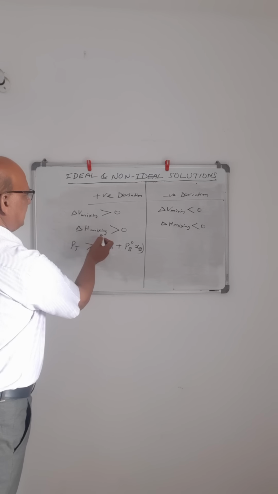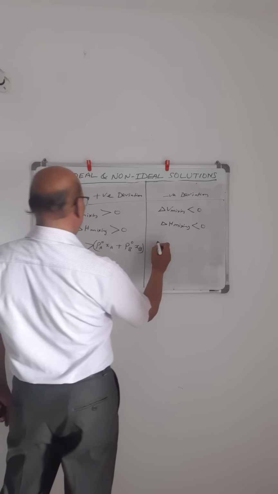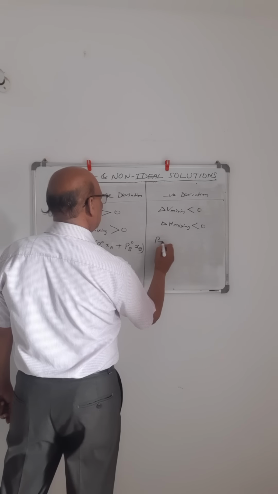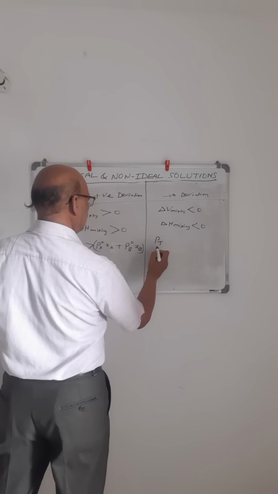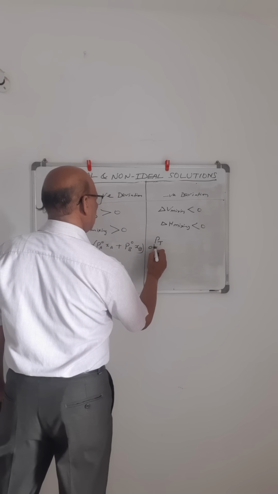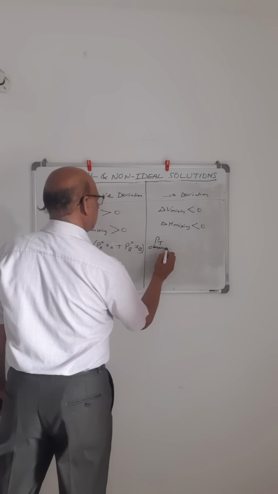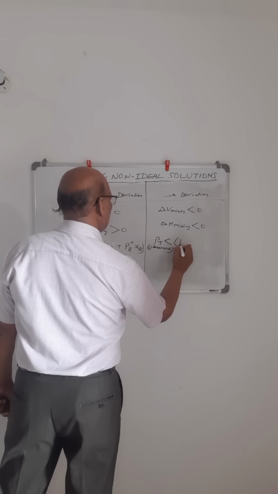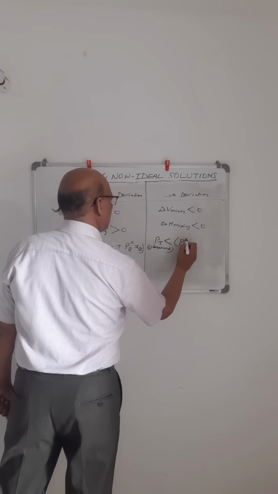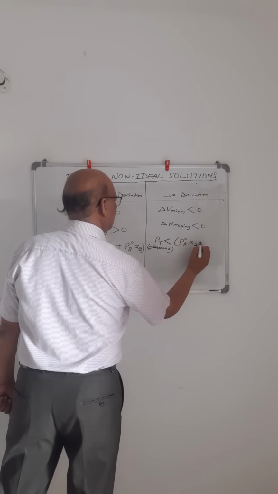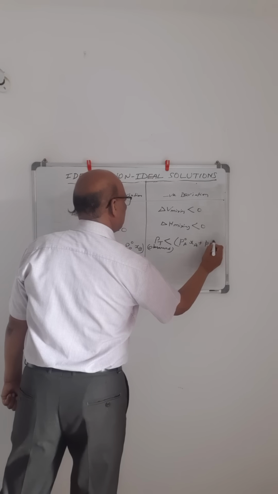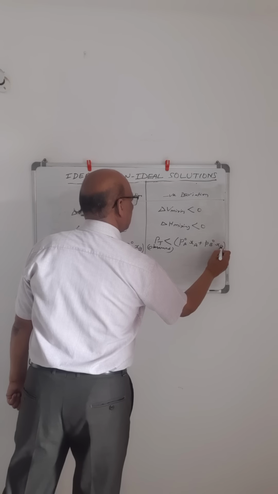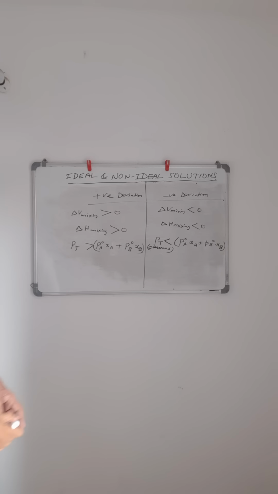Here the process is endothermic, and then the vapor pressure of the solution as measured, that is the observed vapor pressure, will be found less than that predicted by Raoult's law, that is PA naught XA plus PB naught XB.